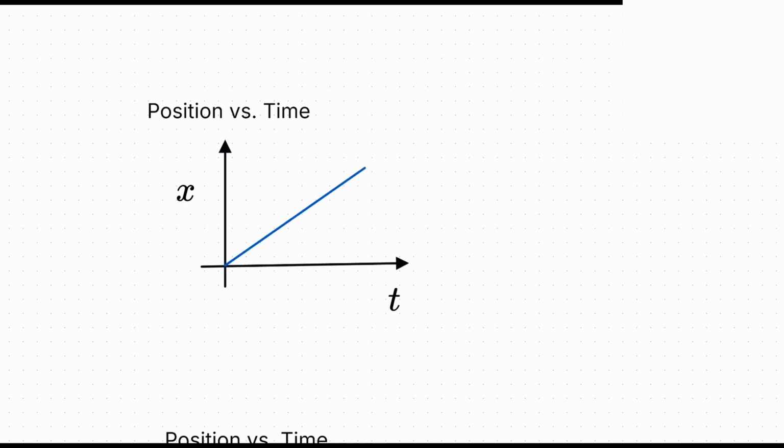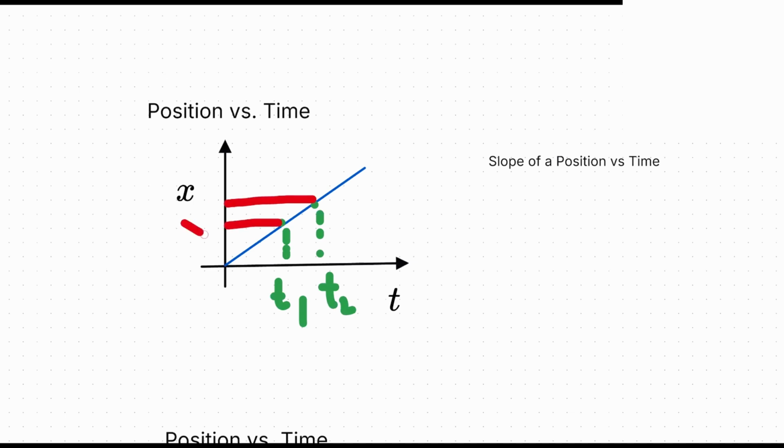If we have something like this, what can we say? We first have to understand what the slope of a position versus time graph means. Suppose you have two points on the graph, and you want to get the slope of the line. This is going to be T1, and this is going to be T2. On the other hand, this is going to be X1, and this is going to be X2.